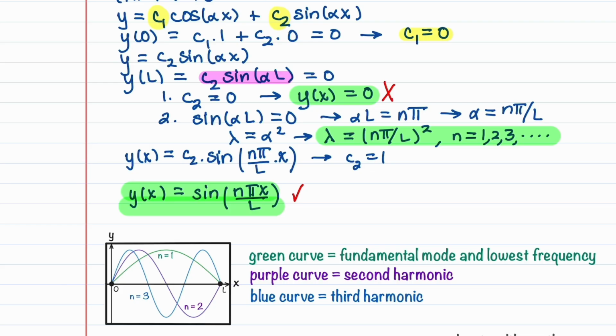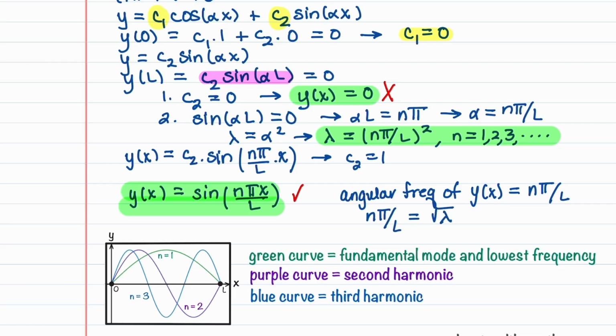The angular frequency of our function y of x is going to be n pi over L. That's just whatever multiplies the x. And n pi over L is the square root of lambda. So we can say that the angular frequency is the square root of lambda.